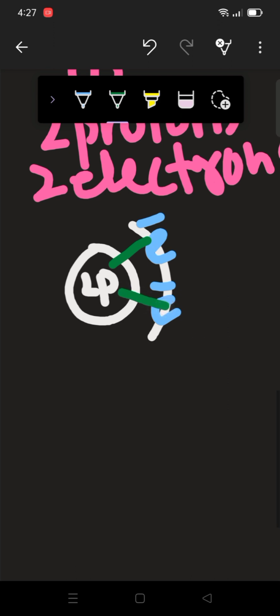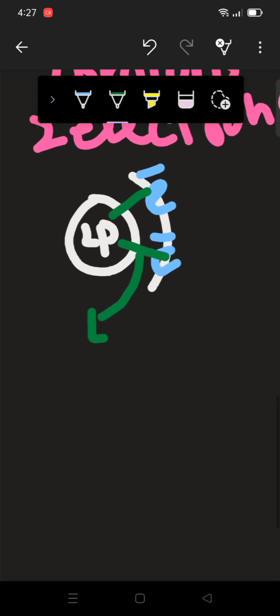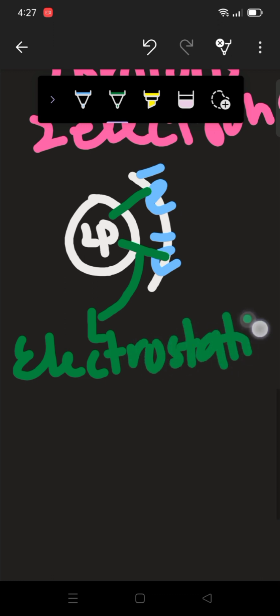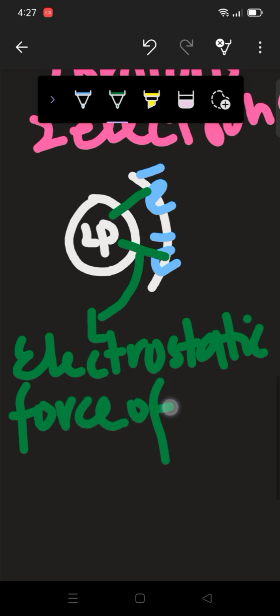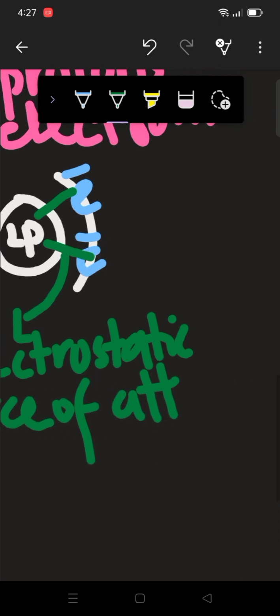Alright, now we know that there is an electrostatic force of attraction between proton and electron. Let me make that too. We have basically here an electrostatic force of attraction.